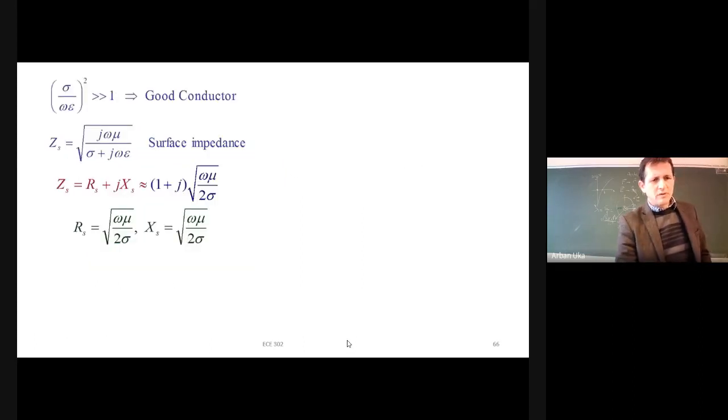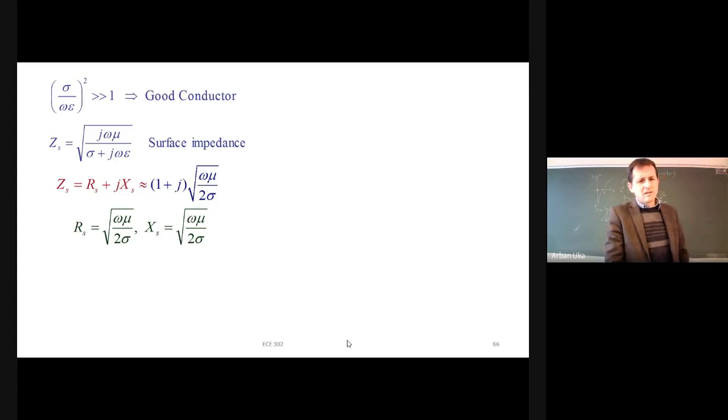Now we remember what good conductors used to be. Something can be called a good conductor or a poor conductor not only by looking at the conductivity value, the sigma, but we also have to divide it by the frequency, because being a good conductor or a poor conductor is a function strictly of the frequency that we are using to communicate. We also have the surface impedance, shown here as ZS, and ZS can be described for good conductors as shown here.